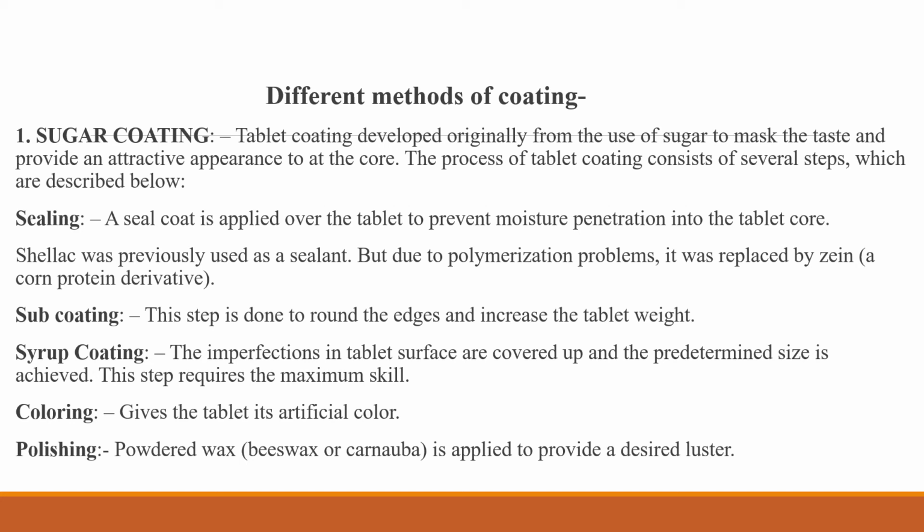This step requires the maximum skill. It is used to give a proper size to the tablet. Next, coming to coloring agents. It gives the tablets their artificial color, meaning we can color the tablet as we wish.